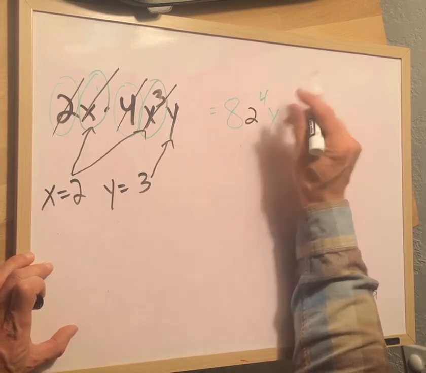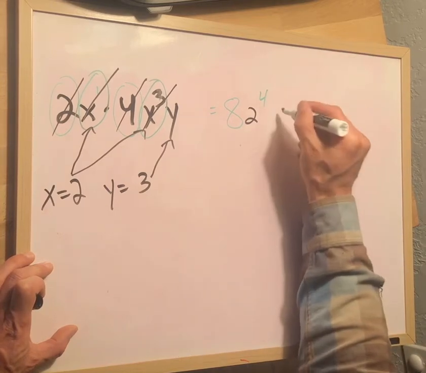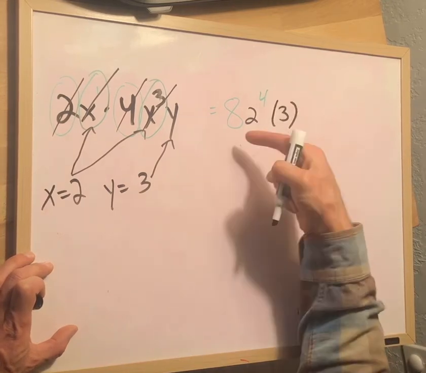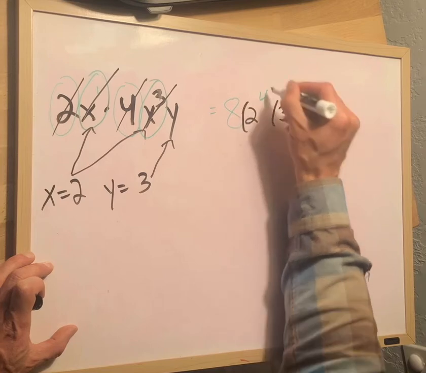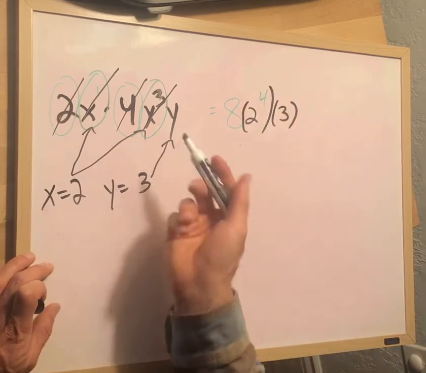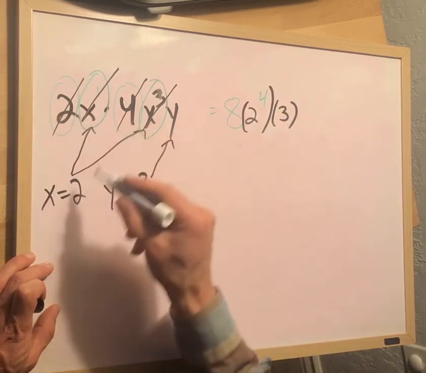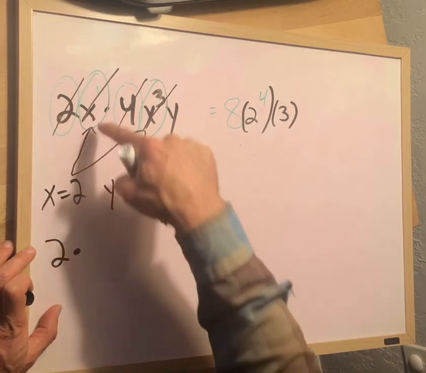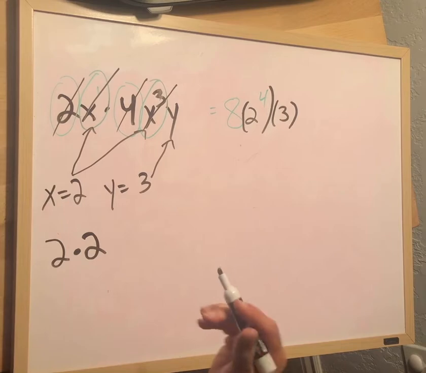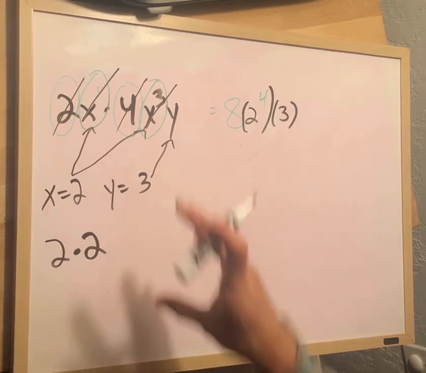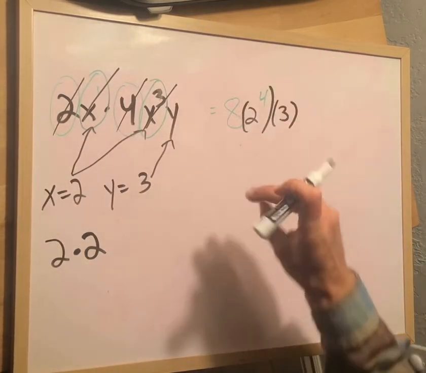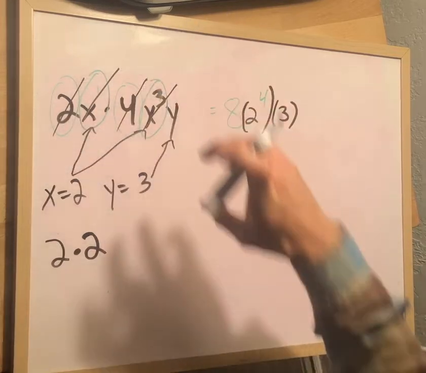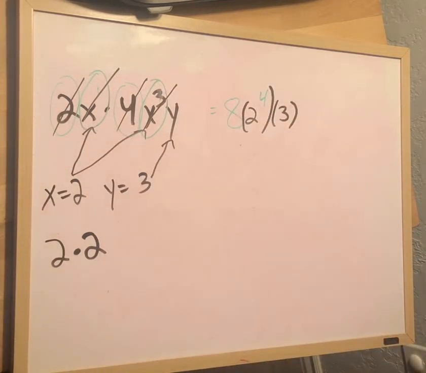If I plug a 2 into this x and a 3 into the y, you're going to see how it's the exact same thing. So look, watch. I'm going to rewrite this equation. I'm going to have 2 times, instead of an x, I'm plugging in a 2. The only reason why I'm doing this is to explain to you these two values are the same. This is called the simplified version of this, but you still get the same exact answer.